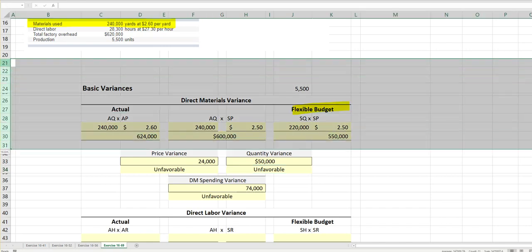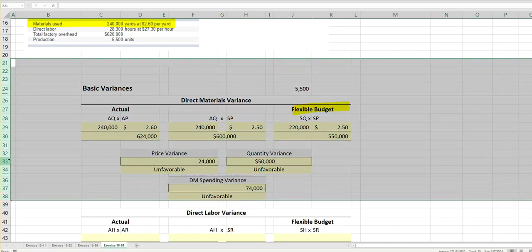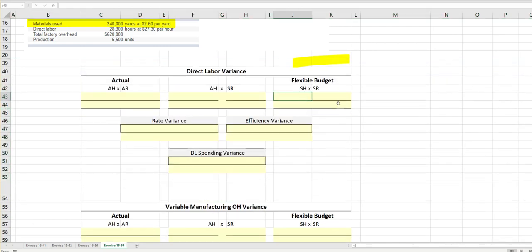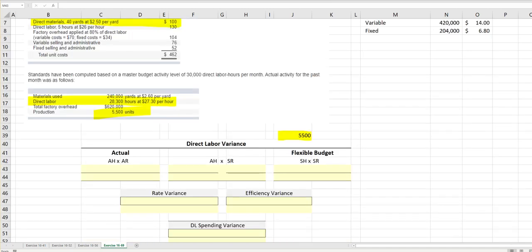Let's go ahead now and calculate our direct labor variances. Our standard hours, again, are going to be based on 5,500 units, our actual level of production. Right there she is, the 5,500 units.